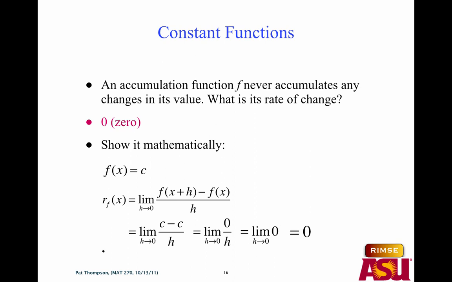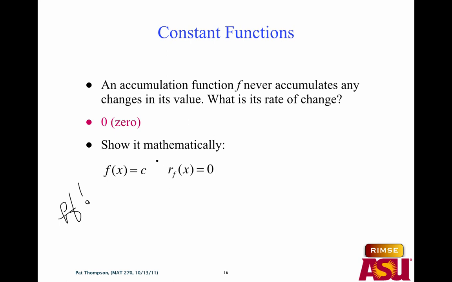So this whole chain of deductions that I've made here is a mathematical proof. Holy cow. So we just proved that the exact rate of change function for the function f of x equals c is the function 0.